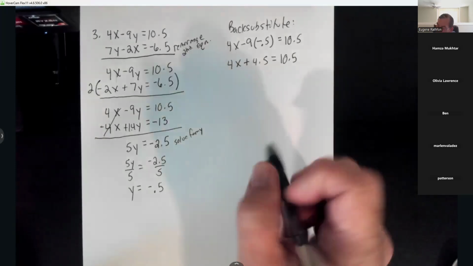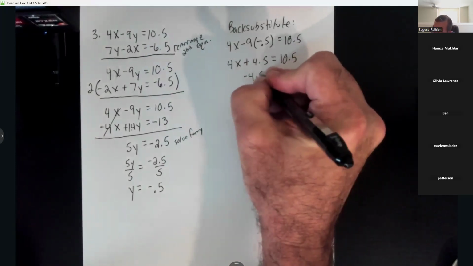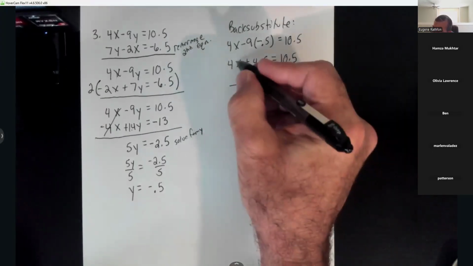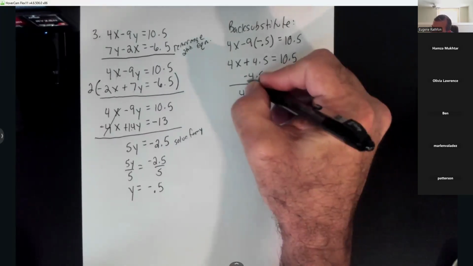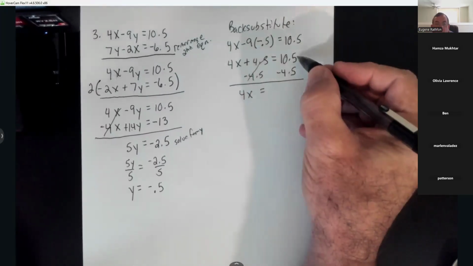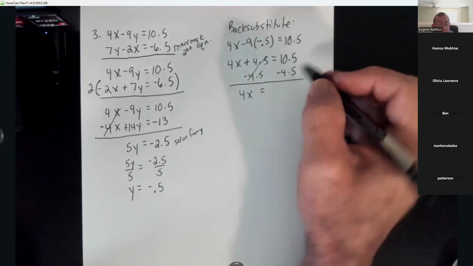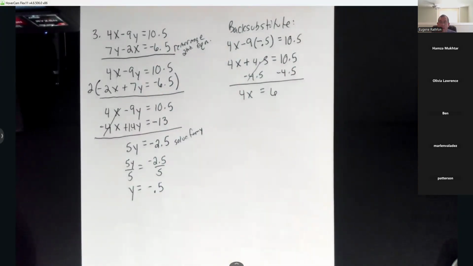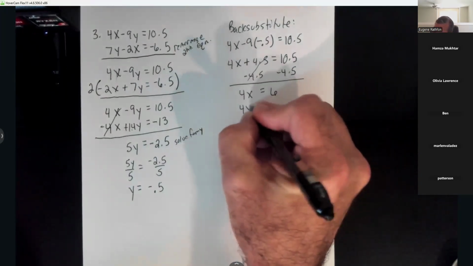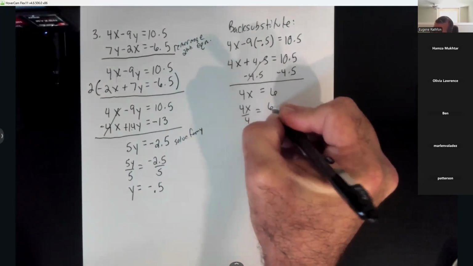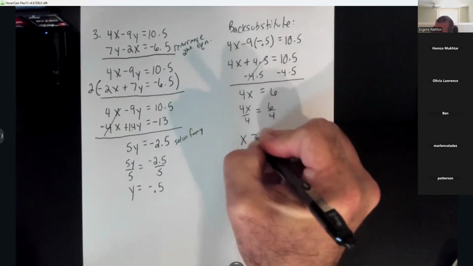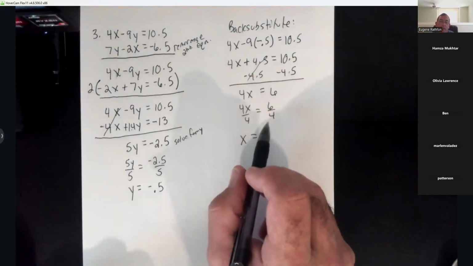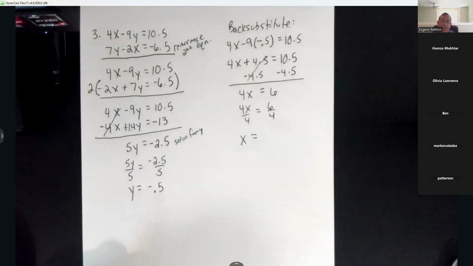All right, so now we would subtract 4.5 from both sides. And y'all, what's that give me? That gives me my 4x. That cancels. 10.5 minus 4.5 leaves us 6. All right, y'all, let's divide both sides by 4 and see what we get. So that cancels, giving me my x. Now, since they're using decimals, give me an answer with a decimal for this.